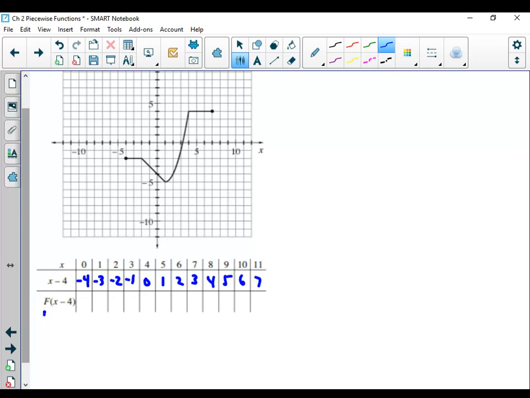Then they're saying, go back to the original function, the one that we dealt with on the front. Make your input x minus 4. The input of x minus 4 is what you just found in that row. For instance, they're asking you to find f of -4 from the original graph, and f of -4 in the original graph was -2. They're asking you to find f of -3 from the original graph.